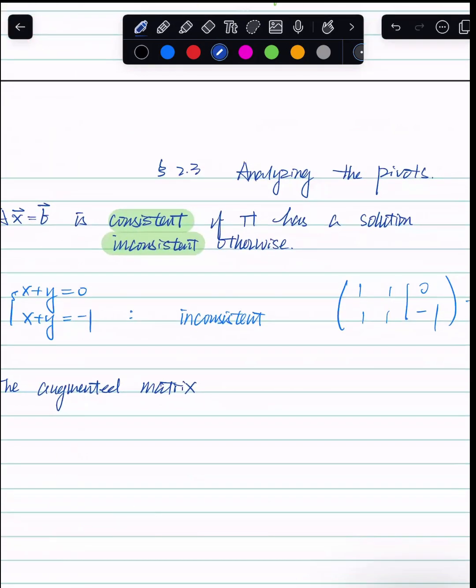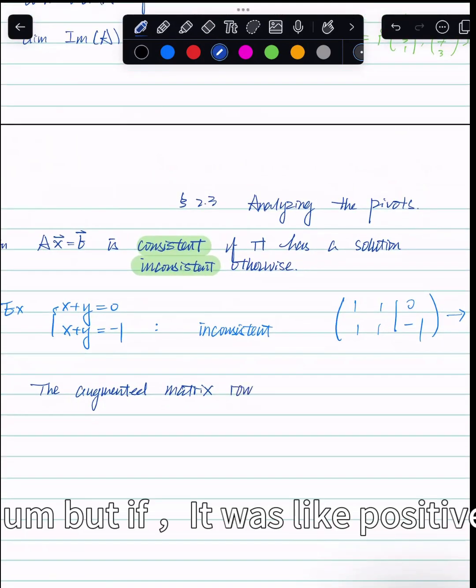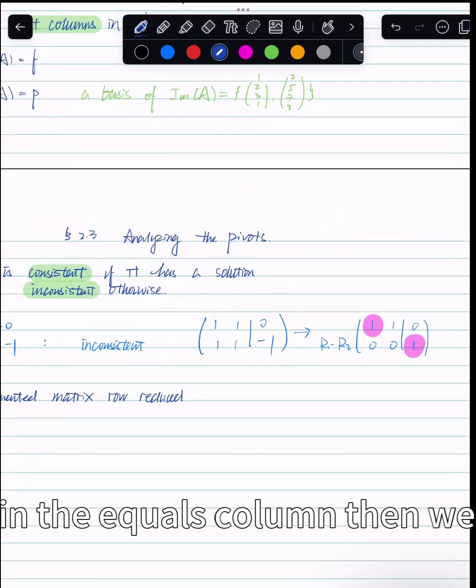So even if it's like, if it was -1 in the equals column, then we just multiply by -1.